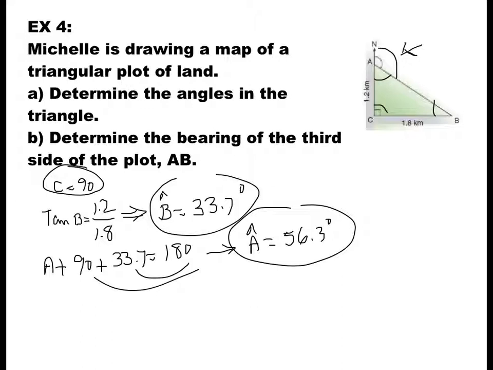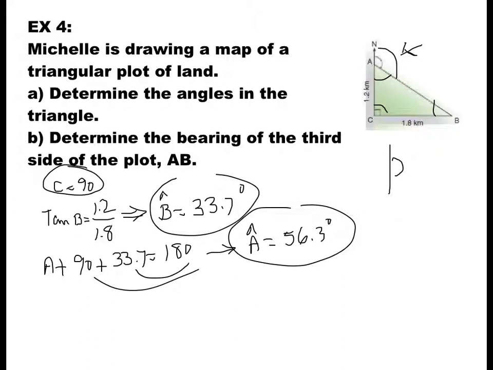If you remember from grade 9, this angle is called a straight angle. How much is a straight angle? 180. I know the straight angle is 180, and I know angle A is 56.3. So how do you find the exterior angle? Excellent.